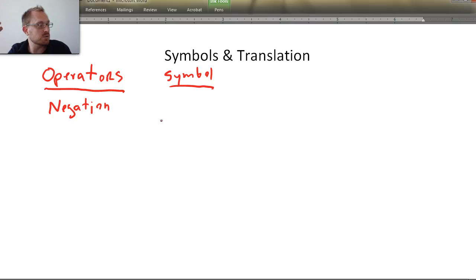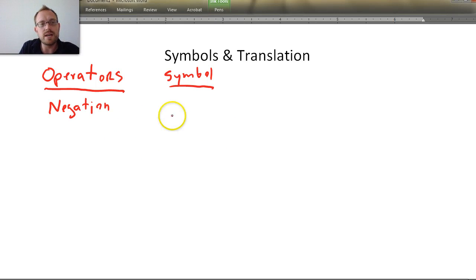We're just going to stick with the symbolism that's located in the Hurley book, which is the same sort of symbolism that got used in Bertrand Russell's Principia Mathematica. So it's a very famous form of symbolism, but most predicate logicians today probably don't use these symbols. It doesn't really matter, because whatever symbol we use, the rules are going to be the same.